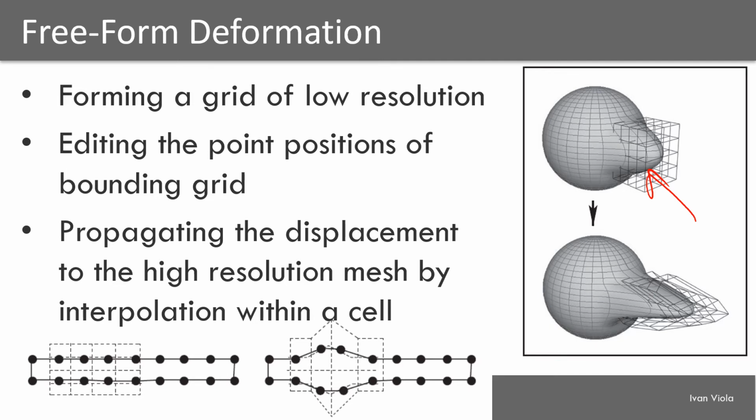And this freeform deformation can be changed with various forms of interpolation. It could be a linear interpolation, or we can also imagine that we are using such a freeform deformation representation with a more advanced, more smooth scheme, such as, for example, the Bezier representation.